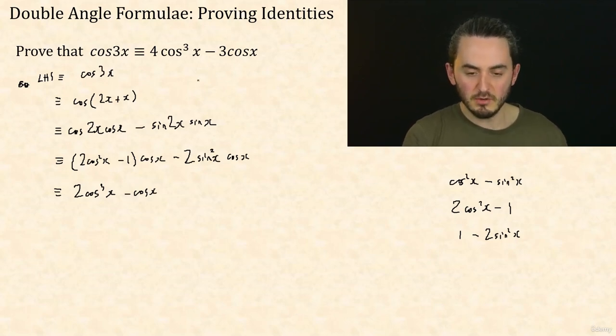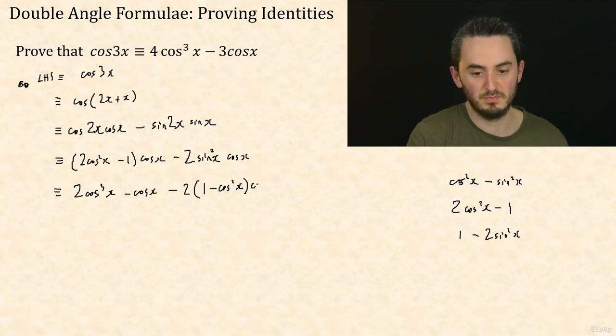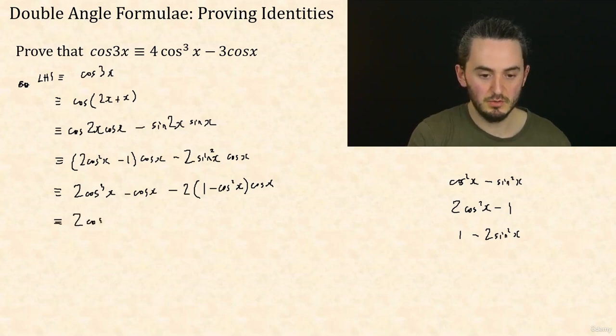Well, I only want cos x's in my final answer, and I've got a sine squared x. But we have a way to convert sine squared x's into cos squared x's, because sine squared x is 1 minus cos squared x. That's just your Pythagorean identity. And there was still the cos x at the end. So we'll neaten that bracket up. So we've got 2 cos cubed x minus cos x.